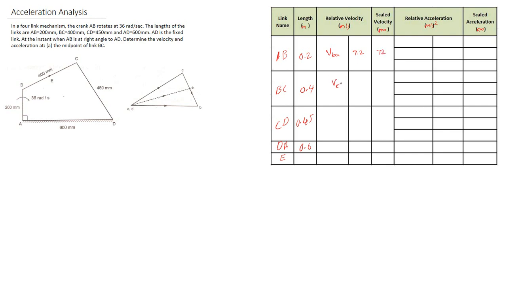Then VCB, the velocity of C with respect to B, is actually 3.96, about 39 mm approximately. Then VCD, the velocity of C with respect to D, was 6.6 meters per second. 66 was the measured dimension, and the velocity is 6.5, with 65.55 mm being the dimension measured from the velocity diagram.